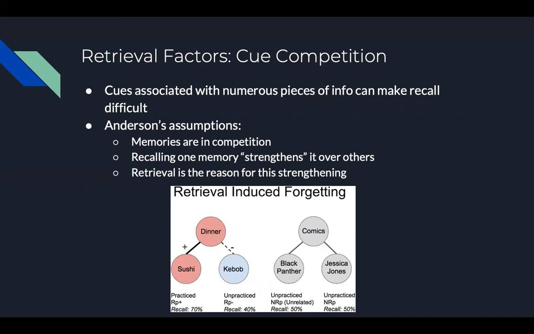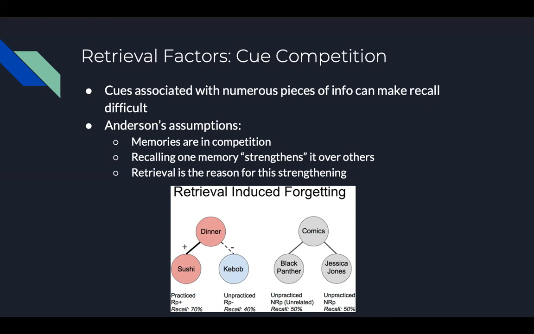Some of the assumptions underlying this idea are that different memories that are associated with a cue become put into competition for remembering. So if there's one cue and 5 different memories attached to it, all 5 of those are suddenly in competition with one another when it comes to what will be retrieved.